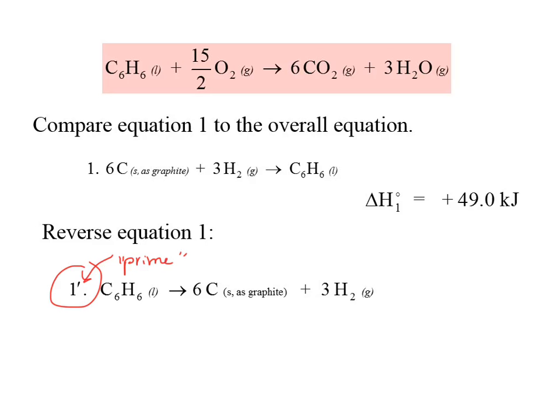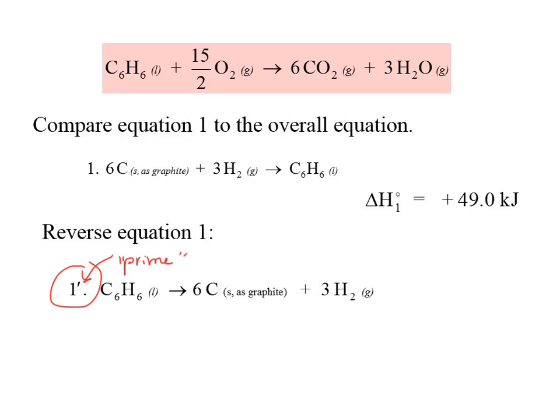The prime simply means that it's related to the first one, but something is different about it. So what we did was swing it around the reaction arrow. Now instead of 6 carbons plus 3 H2s going to form 1 C6H6, we start with 1 C6H6 going to form 6 carbons plus 3 H2s.